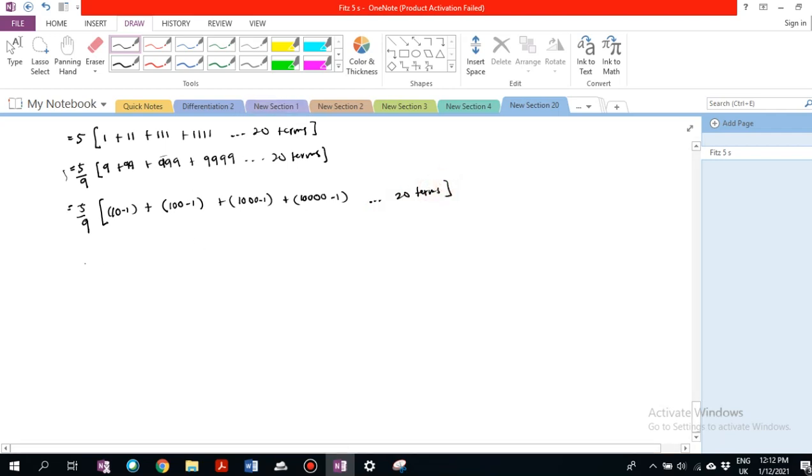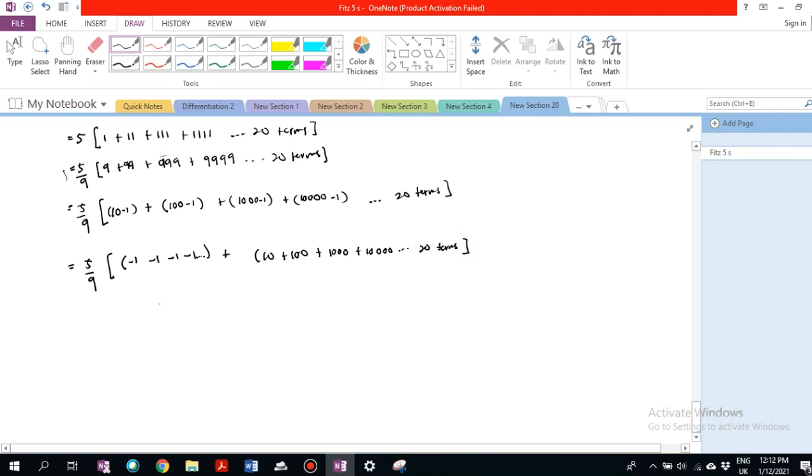So now you can take out the 5 over 9, and you can group the negative 1s: negative 1, negative 1, negative 1, negative 1, dot dot dot, plus 10 plus 100 plus 1000 plus 10,000, dot dot dot, 20 terms.